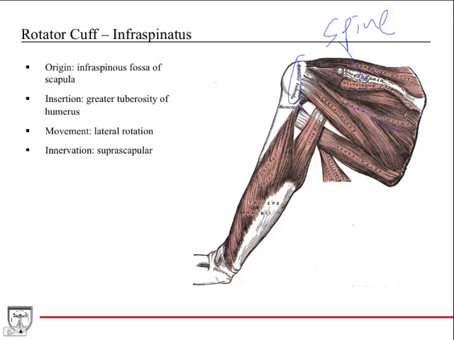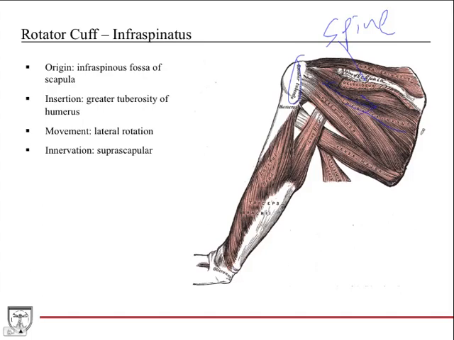What does it do? It contracts, okay? You want to think about these muscles. It's much easier than memorizing all these attachments and movements and all this other stuff. It all makes sense if you think about it in a logical way. So it originates from the infraspinous fossa. It attaches to the greater tuberosity of the humerus.